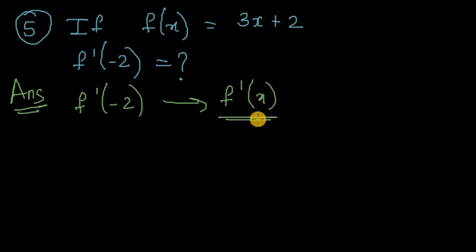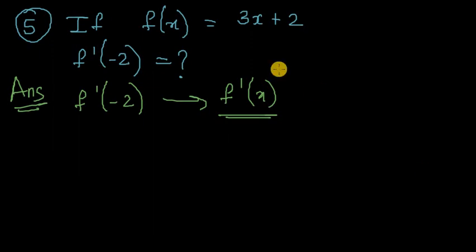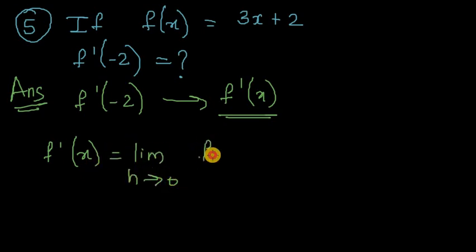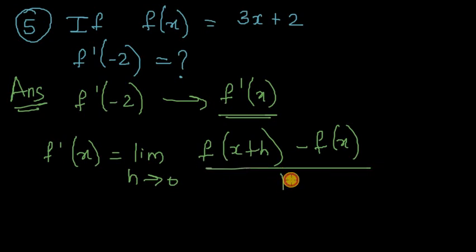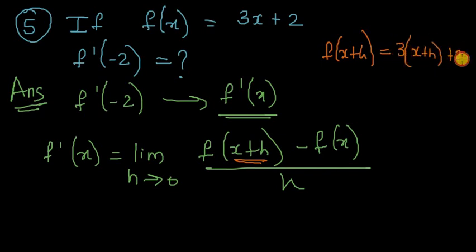That is, f dash of x equals limit h tending to 0 f of x plus h minus f of x upon h. For this, I need f of x plus h as well. So what is f of x plus h? Simply replace x with x plus h: 3 into x plus h plus 2.